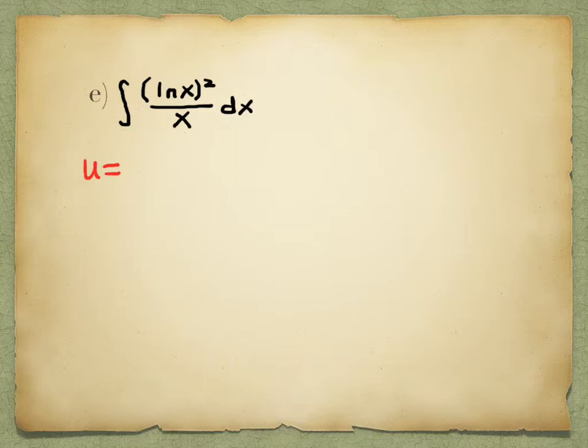Does that make sense? So u is going to be the natural log of x part. So then what is the du? Good. 1 over x. So the derivative of the natural log of x is 1 over x dx. Why in the world is that nice?